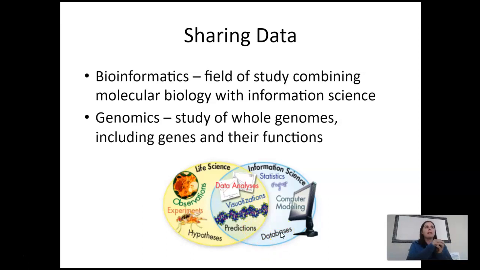You have bioinformatics, which is your field of study combining molecular biology with information science. And then we have genomics, which is the study of whole genomes, including genes and their functions. We can combine those, and we use the data from both to get data analysis. We can make our visualizations, which would be models. We can make predictions from that.